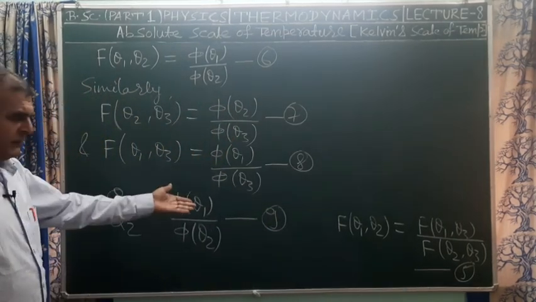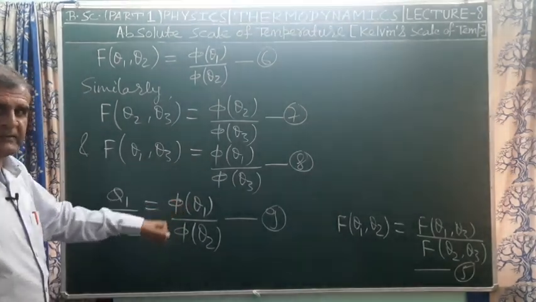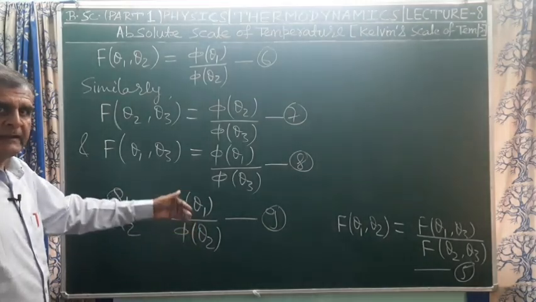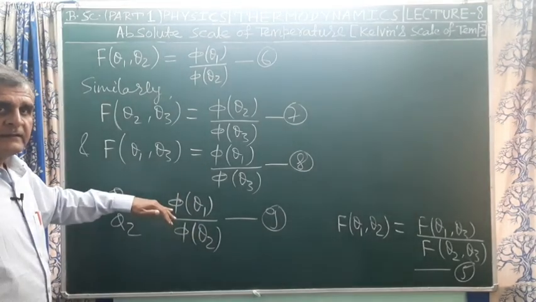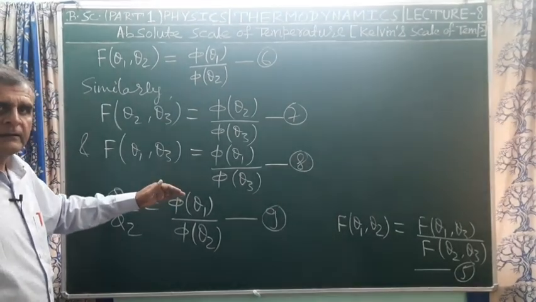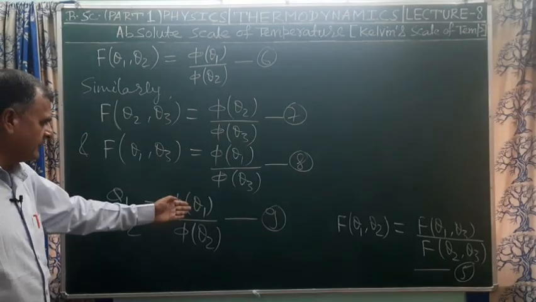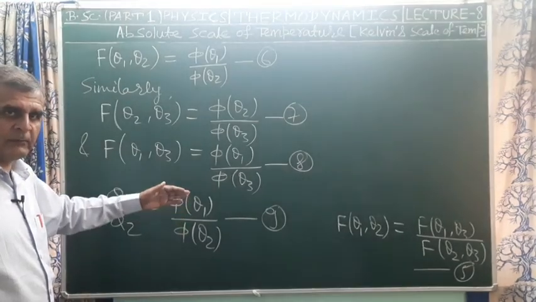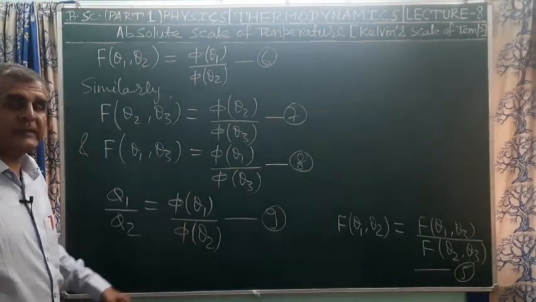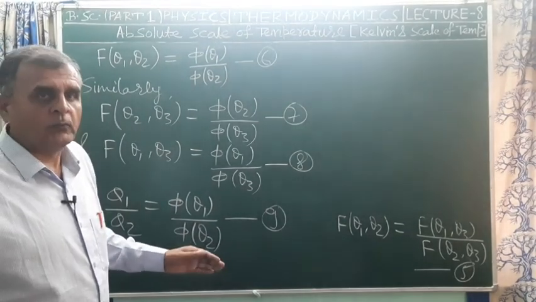Now RHS of equation 9 represents the ratio of two Kelvin temperatures phi theta 1 and phi theta 2, and it can be written as the ratio of tau 1 upon tau 2. In place of phi theta 1, we can write the Kelvin temperature tau 1, and in place of phi theta 2, we can write the Kelvin temperature tau 2.